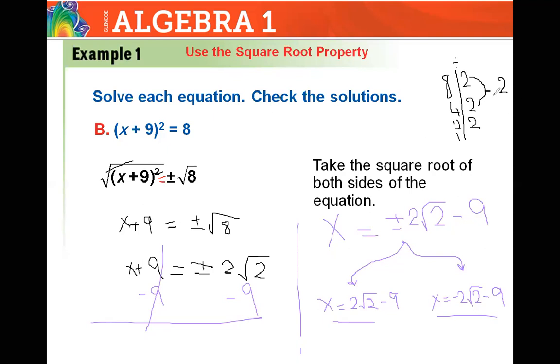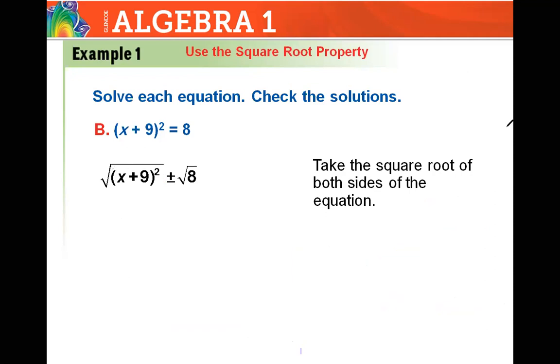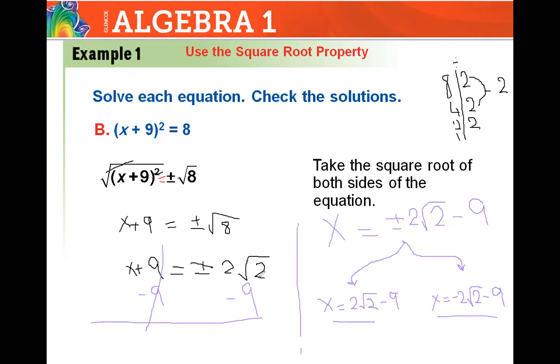So after that, we start with Bassami. 8 divided by 2 equal 4, 4 divided by 2 equal 2, and 2 divided by 2 equals 1. We get the result 2 root 2, by positive and negative.